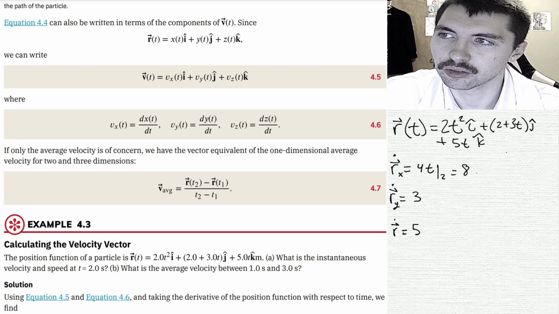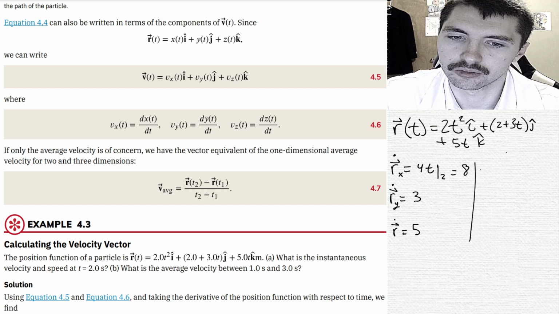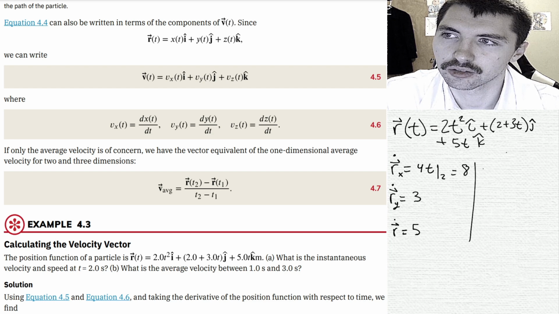Average velocity, okay, so we're going to have 3 seconds. This at 3 seconds is 12 and 4.